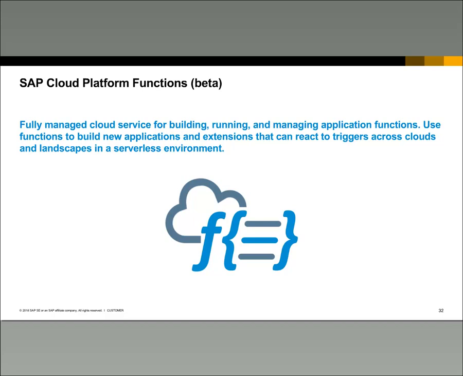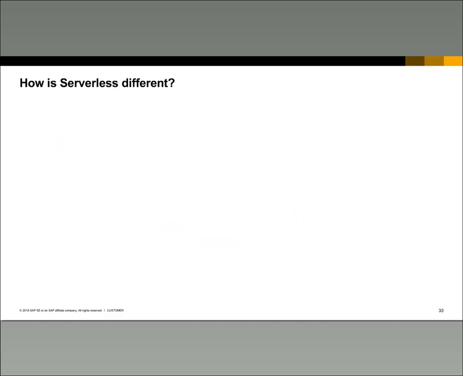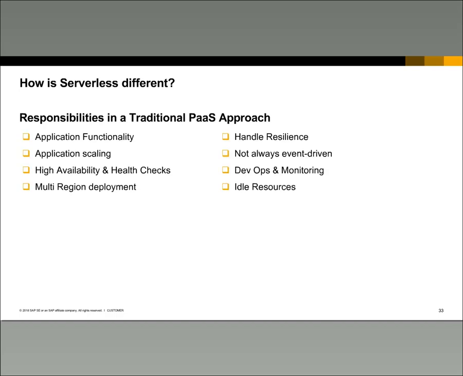And you would create this application functionality in the form of what are known as functions. And these run in a serverless environment. What do we mean by serverless environment? If you look at the traditional mode of cloud application development today, along with the application functionality that you would build, you would have to handle a lot of things with respect to the runtime that is there, meaning you would have to make sure that this is always running.